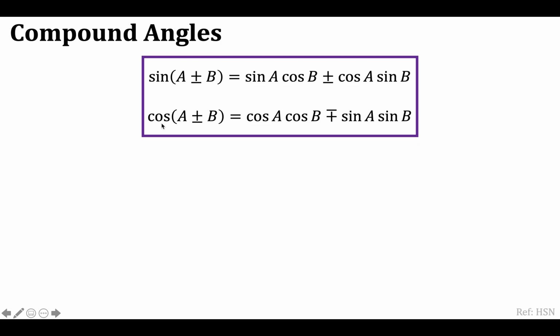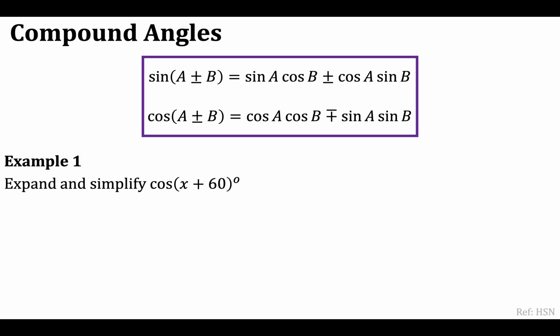And you can see for cos, we've got cos of a plus or minus b is equal to cos a cos b minus or plus sine a sine b. So you're given that in the exam, you don't need to remember that, but obviously sometimes it is faster to remember things so that you're not having to spend lots of time looking for things in the formula sheet in the exam. Either that or you familiarise yourself a lot with the formula sheet so that you know exactly where to find things. So let's look at some examples here.